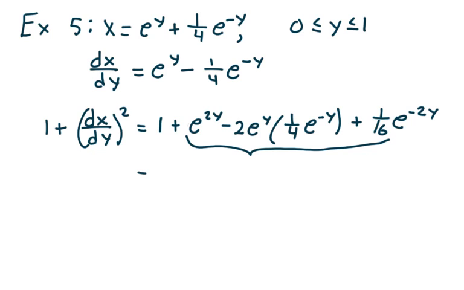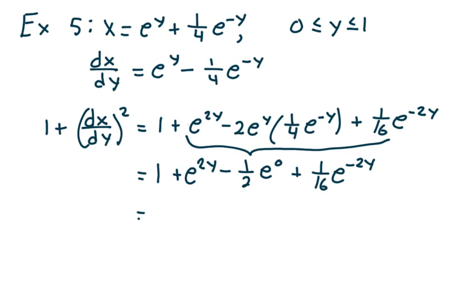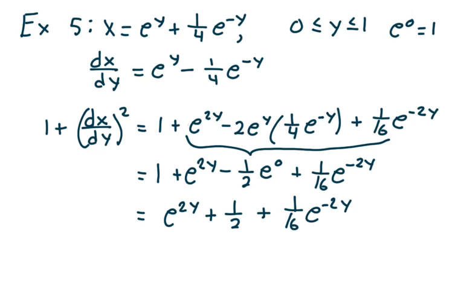Okay, now this is 1 plus e to the 2y minus a half, e to the 0 if you want, plus 1/16 e to the negative 2y. But remember that e to the 0 is 1. So this is e to the 2y plus a half plus 1/16 e to the negative 2y.